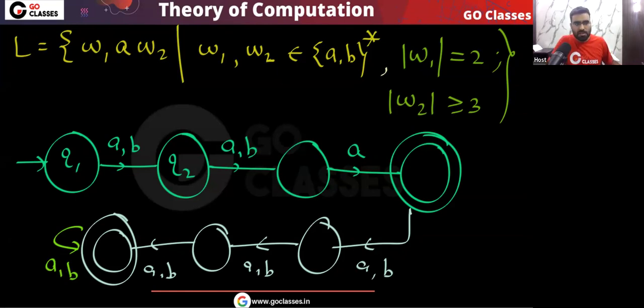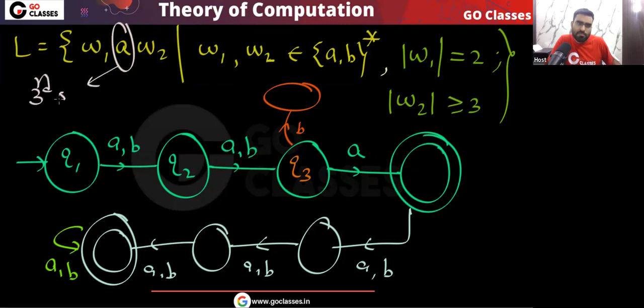Now you can easily notice that this is not a DFA, because in this state Q3, if symbol B comes, then what will happen? If the third symbol is B, then there is no chance of acceptance, because remember, the third symbol must be A. So if the third symbol is B, it is a hopeless situation.